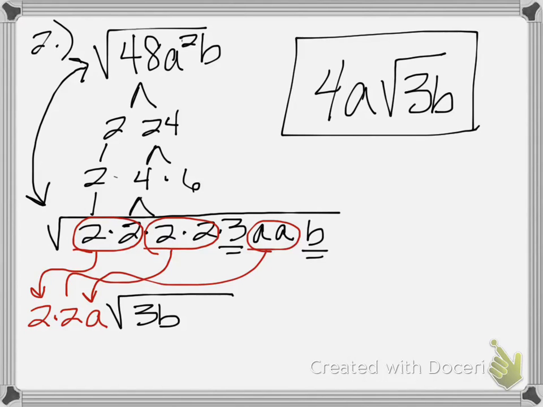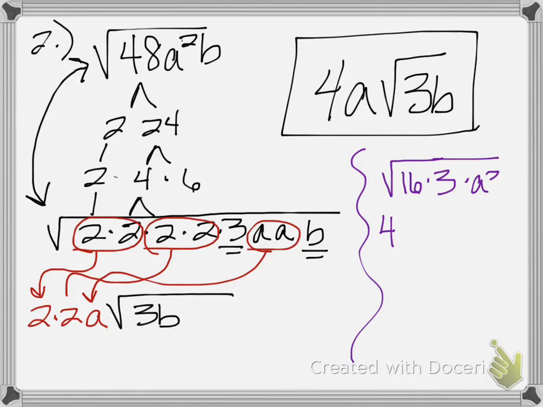Now, this is one way to get there. If you recognize right off the bat that 16 is a perfect square that goes into 48, you could break it down that way. Some people prefer that method. We could have started off with the square root of 16 times 3, because the square root of 16 is 4, so the 4 would pop out.